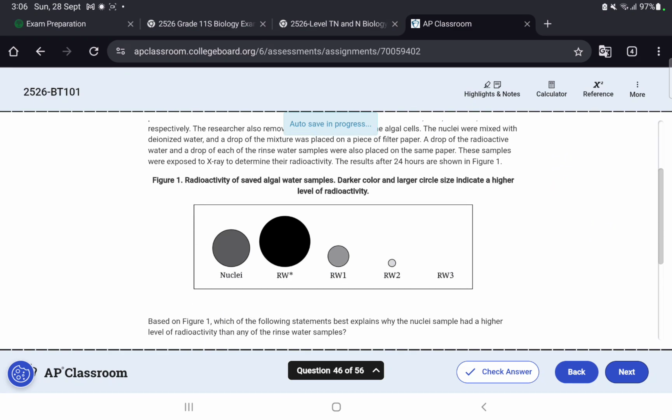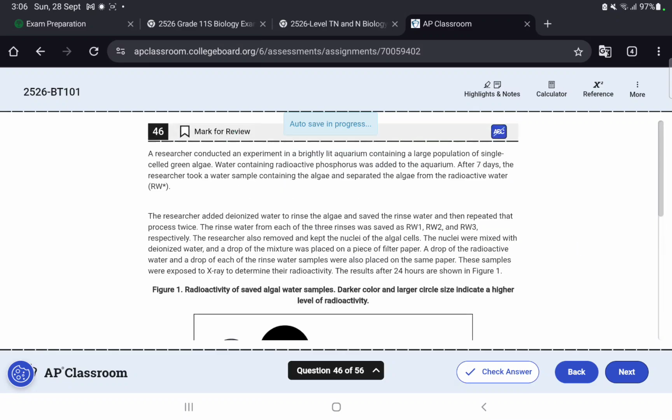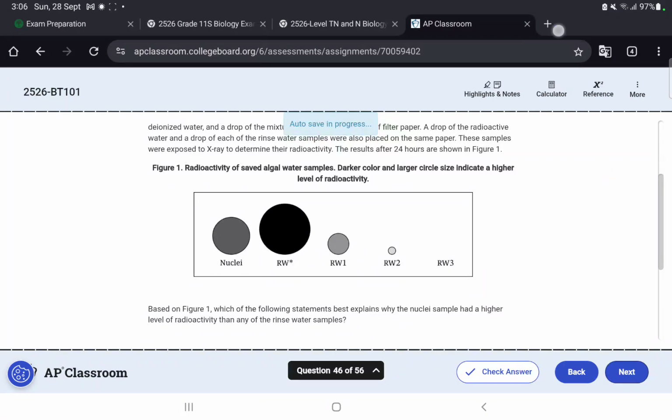The darker the color, the larger the size, the higher the level of radioactivity. Basically, the radioactive water contained phosphorus. As you can see here, the pure radioactive water that didn't undergo anything is very dark, so it has a lot of phosphorus.